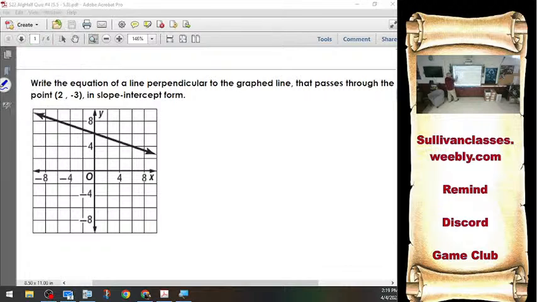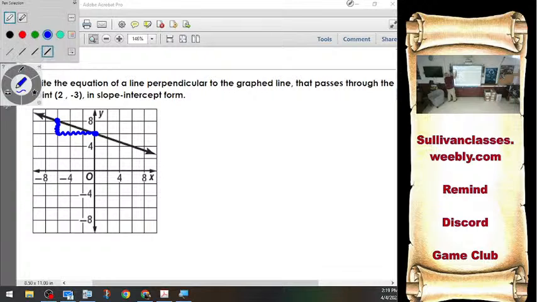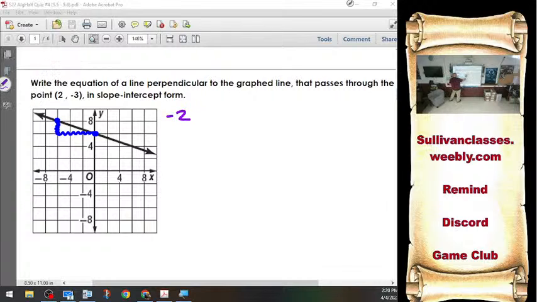So I go find 2 nice points that this thing goes through. Should look familiar for some of you. This was on our review last time. I just pulled that equation off of here. Watch your scale. How far did it go down? Down to, see, 2, 4, 6, 8. Watch your scale.